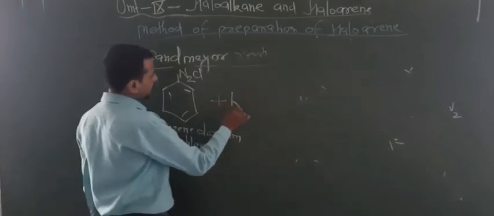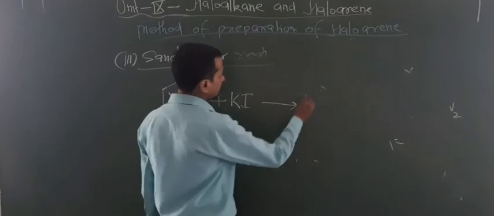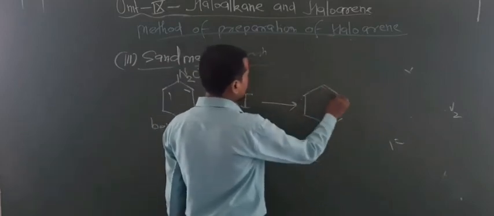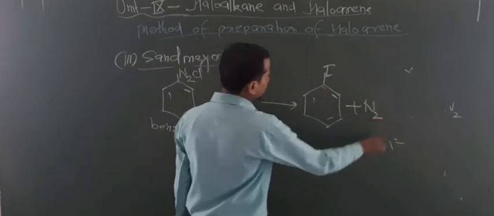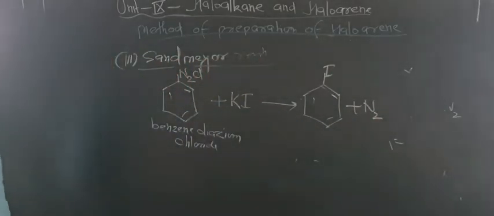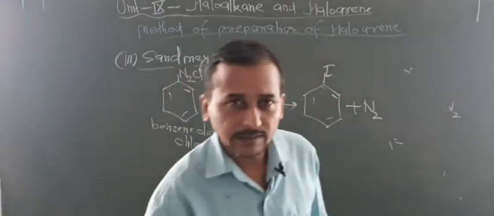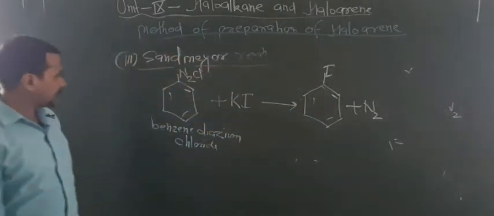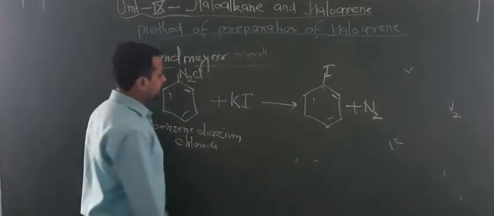Now when this reacts with KI, it will liberate N2 gas and also form iodobenzene. So in this way you can also prepare iodobenzene. So these are the Sandmeyer reactions. This is a very important reaction for conversion of benzene diazonium salt to haloarene.